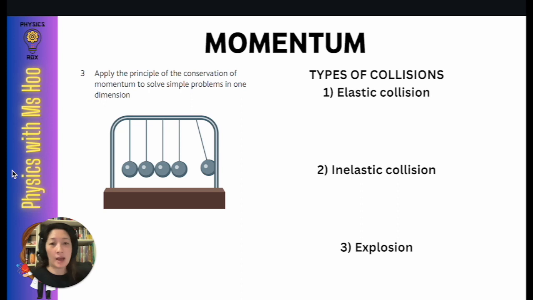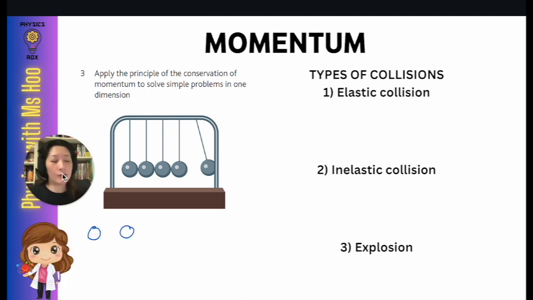The principle of the conservation of momentum states that the total momentum before collision is equal to the total momentum after collision. So if we look at two objects that will collide with each other, and let's say they're moving in whichever direction, could be moving opposite, same direction, whatever, you have two objects here with their own respective momentums. So first object, m1, second object, m2, the mass does not change. The initial velocities could be different.